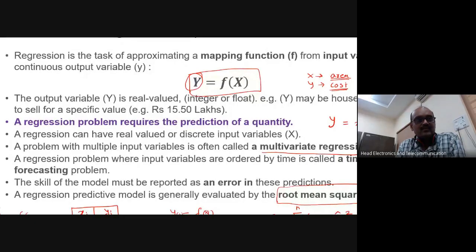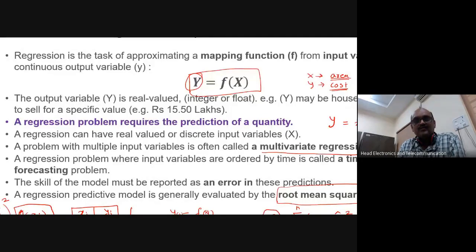So I will give input as xi, and I will get the prediction yi. So this is actually the model. This f indicates a model. Now when I supply actual x from this table, it will predict some value yi, and the difference between the actual and the predicted value, squared, if I add for all these samples in the table, it will give me an error.